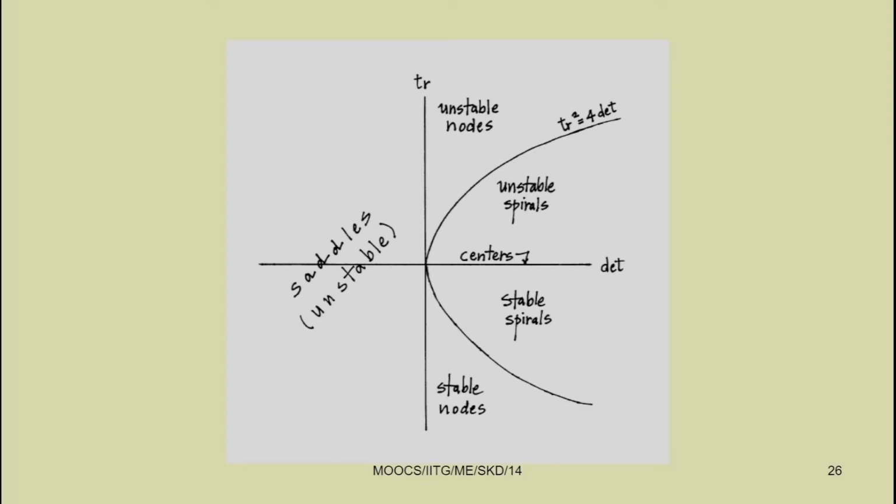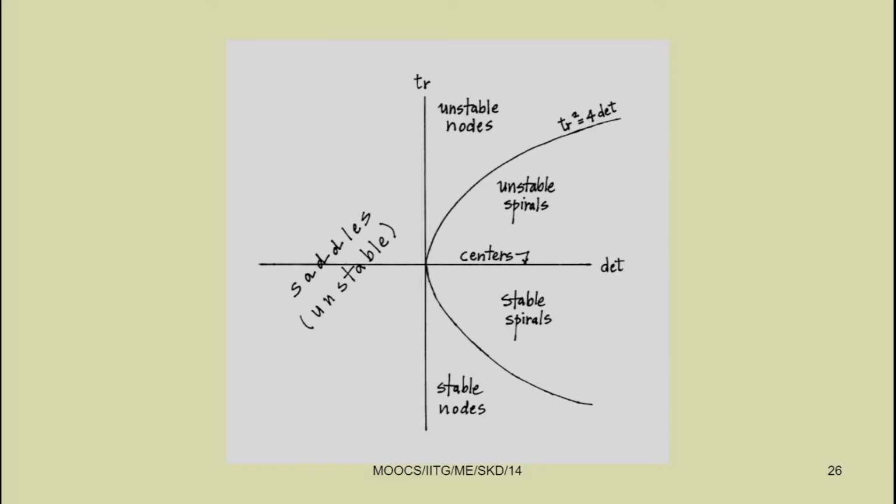For example, if it is in the third and fourth quadrant, then it will be a saddle, that is unstable. Already I told you, it will be unstable when the real part of the eigenvalue becomes positive.